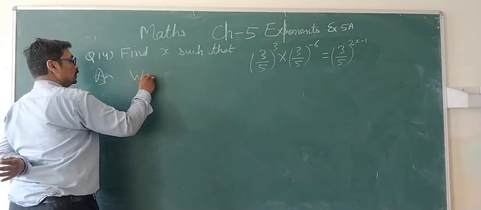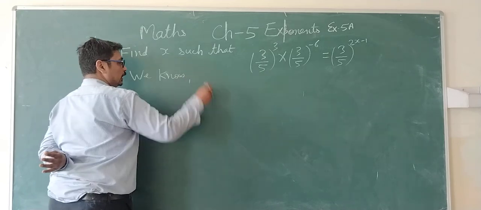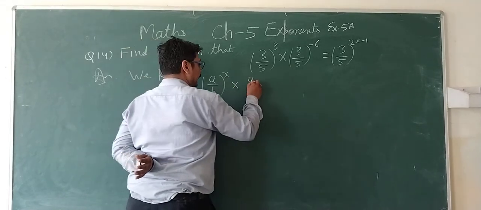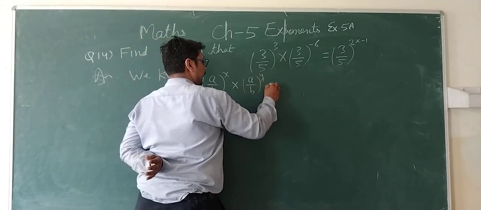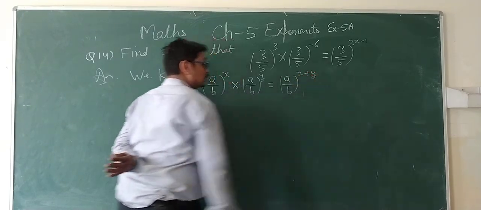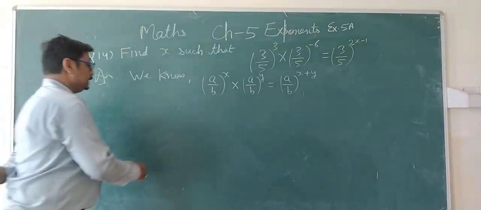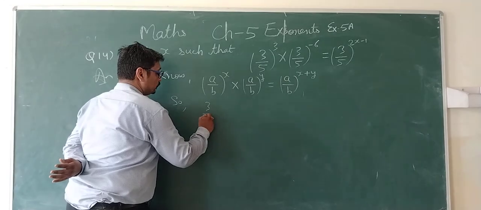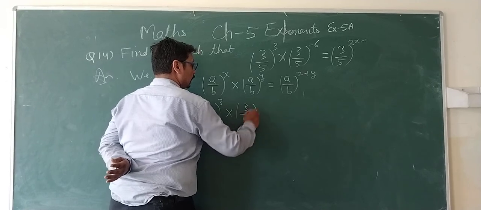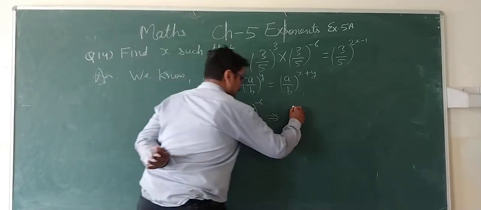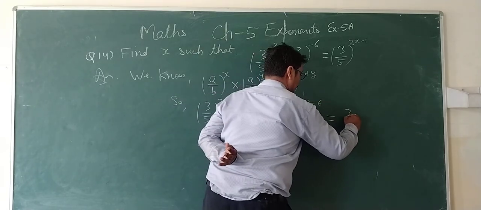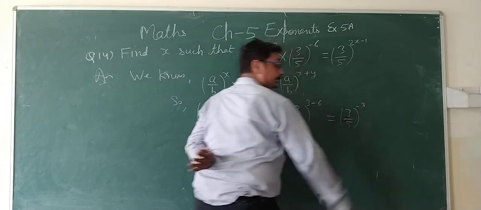We know (a/b)^x multiplied by (a/b)^y can be written as (a/b)^(x+y). Similarly, (3/5)^3 multiplied by (3/5)^(−6) can be written as (3/5)^(3−6), which is equal to (3/5)^(−3).